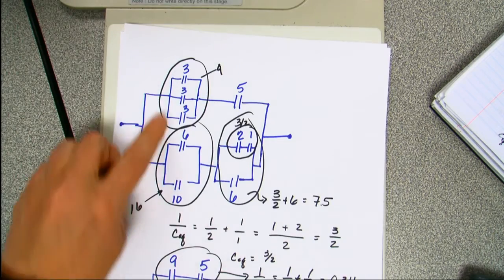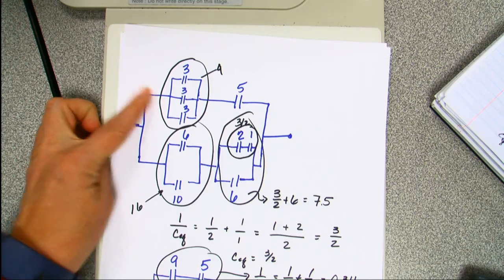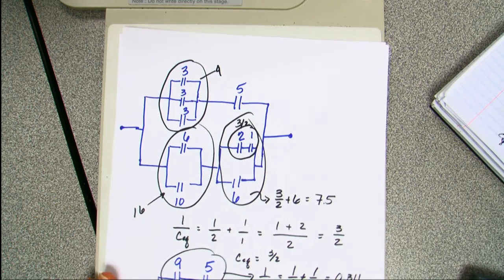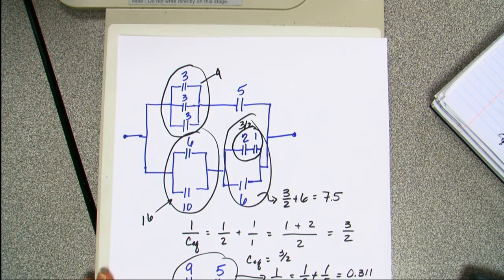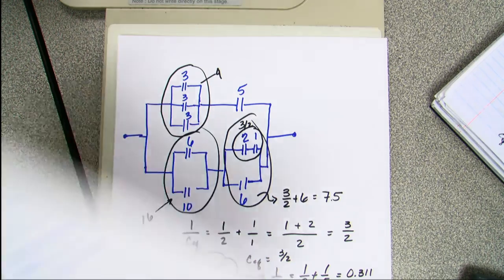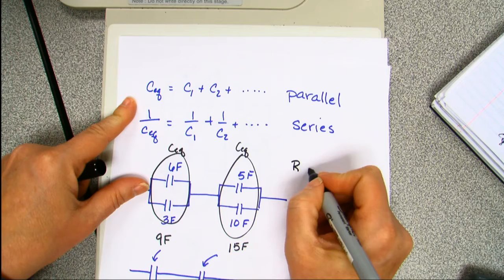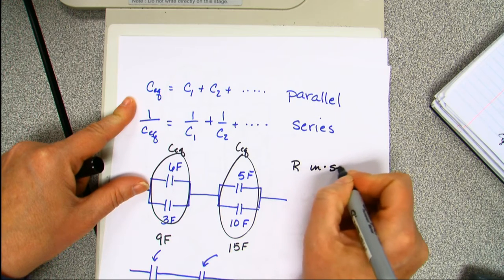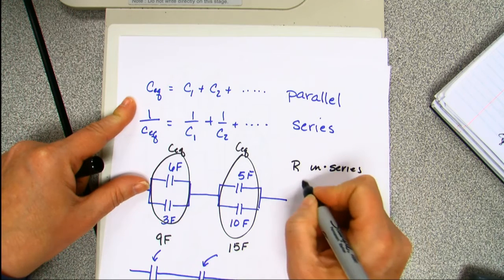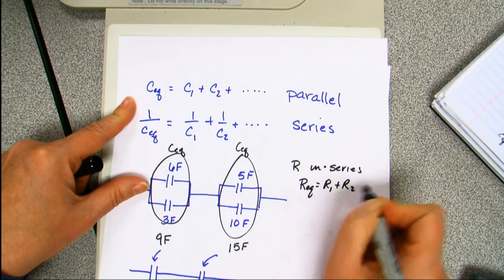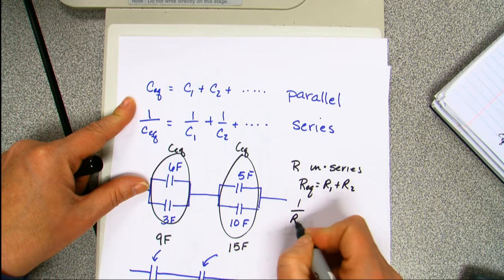The second place that people tend to make mistakes is switching which one's parallel and which one is series. And I'm going to warn you up front, because next week we're going to start talking resistors, and it turns out that resistors in series is going to be Req is equal to R1 plus R2, and resistors in parallel is going to be the other way.